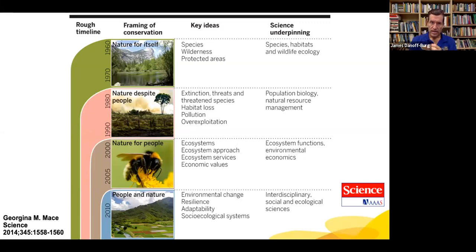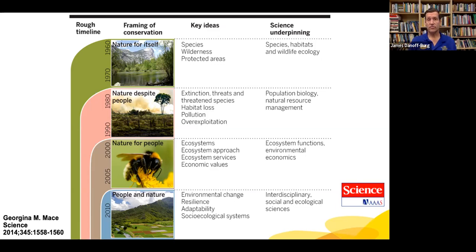But when I realized, after being in that field for a while, that the way that we could conserve those species is through engaging people, I started to realize I need to focus more on social sciences. I need to focus more on working with people.